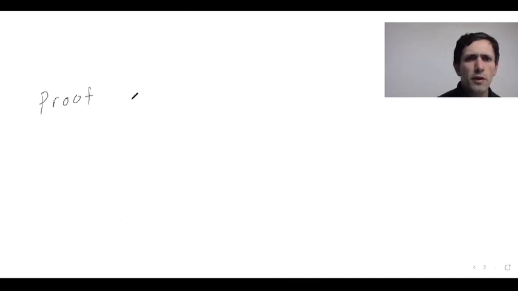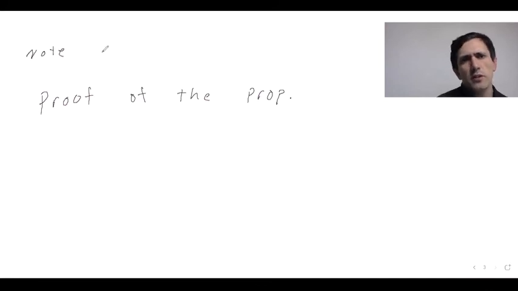So the proof of the proposition is as follows. And before I say anything else about the proof, just note that there's a well-defined zero element in my vector space x tilde, and that's simply the obvious thing.